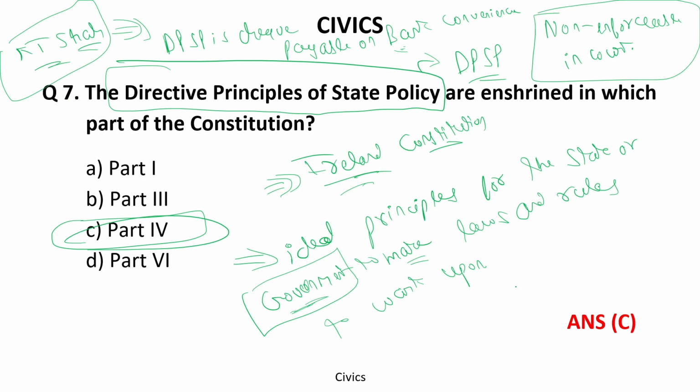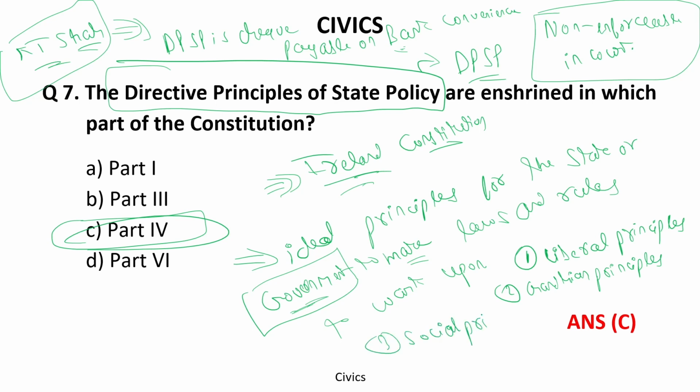DPSP is basically divided into 3 parts: liberal principles, Gandhian principles, and social principles.